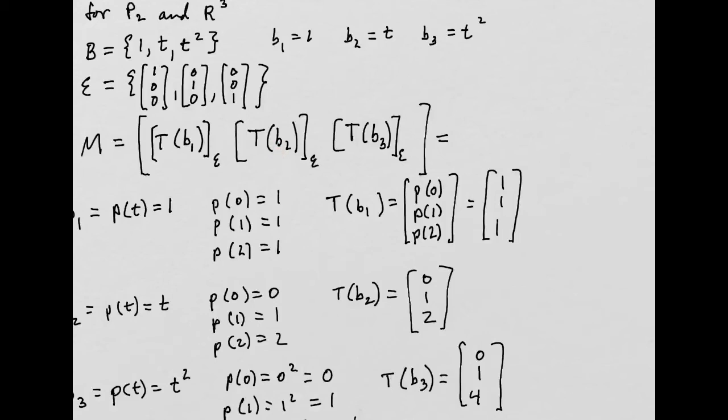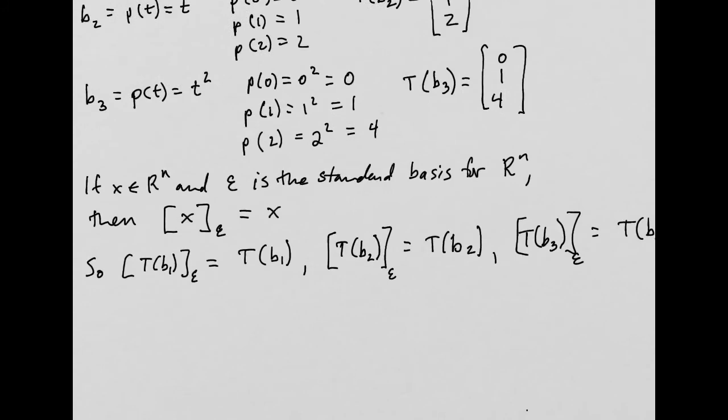So M simplifies to just T of B1, T of B2, T of B3. So this example is a little simpler because of that. If I didn't have the standard basis here, or here for that matter, this example would be more difficult.